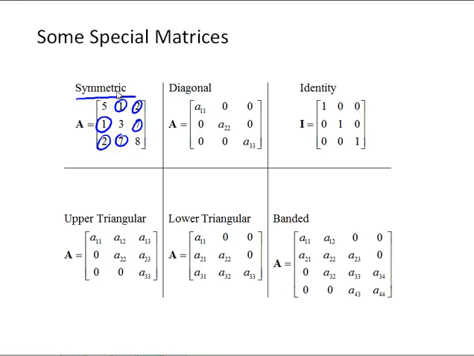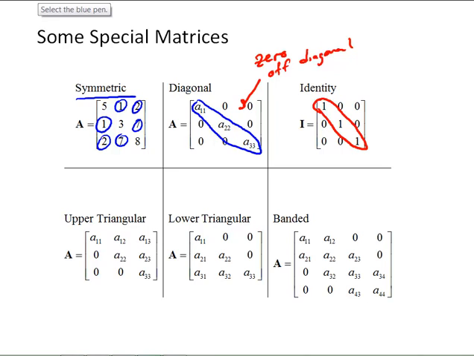A diagonal matrix includes only elements on the diagonal, and the rest is all zeros off the diagonal. The identity matrix is a matrix that just has a diagonal of all ones and zeros everywhere else.